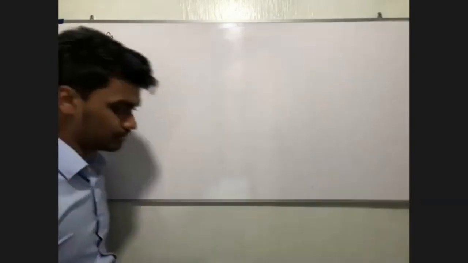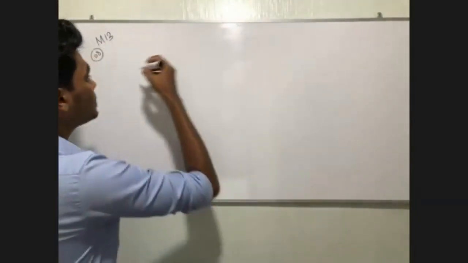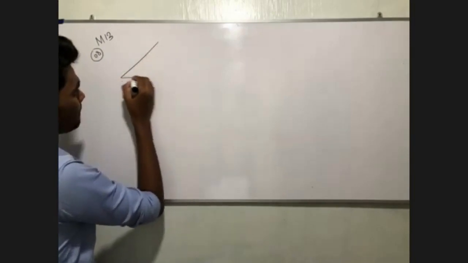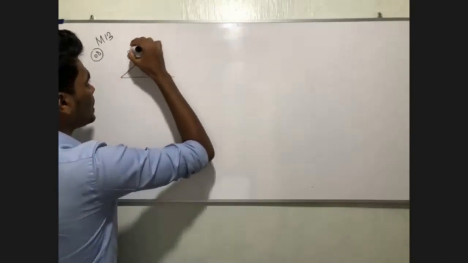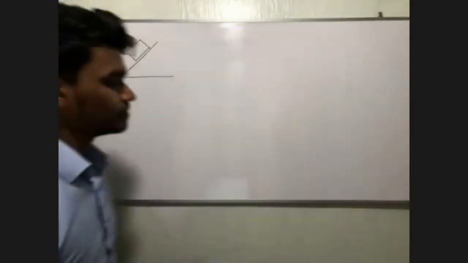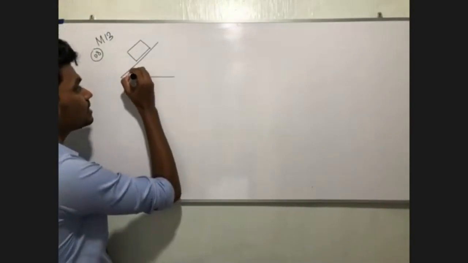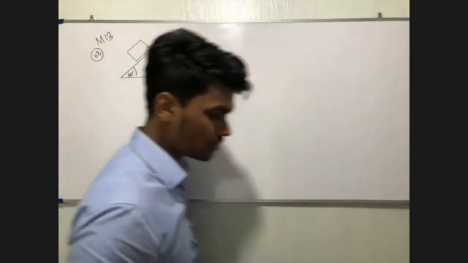M13, eighth problem. Here they're saying a car is moving up an inclined plane. So I'll mark the car as this. The inclined plane is 30 degrees to the horizontal.